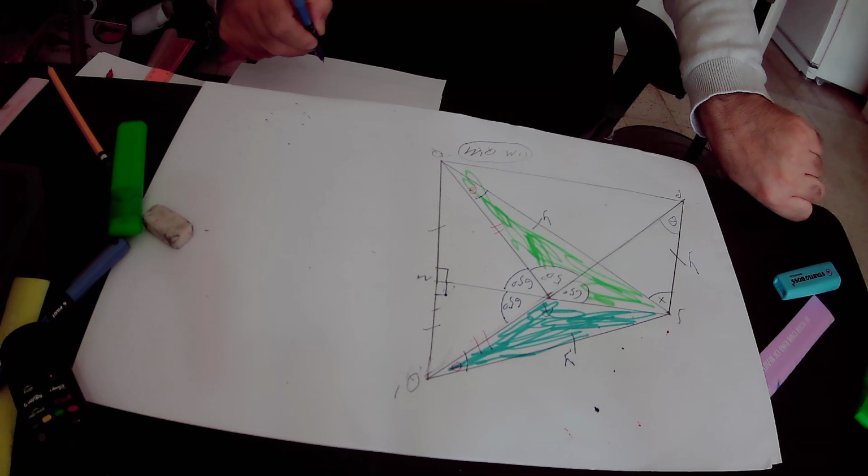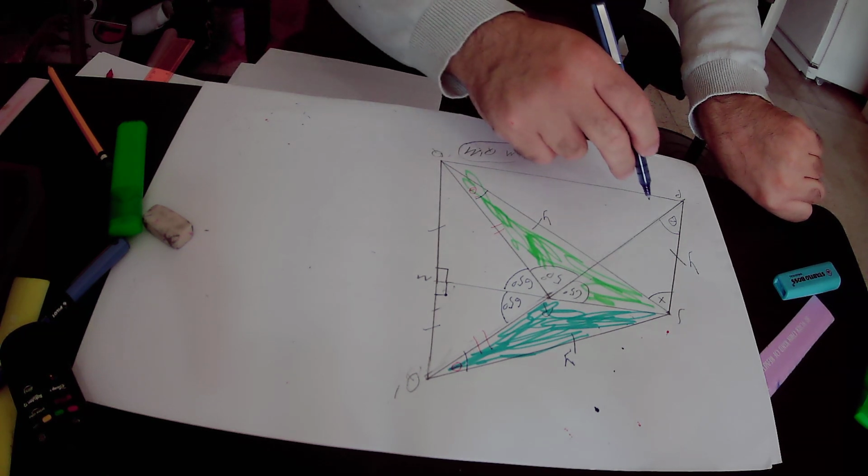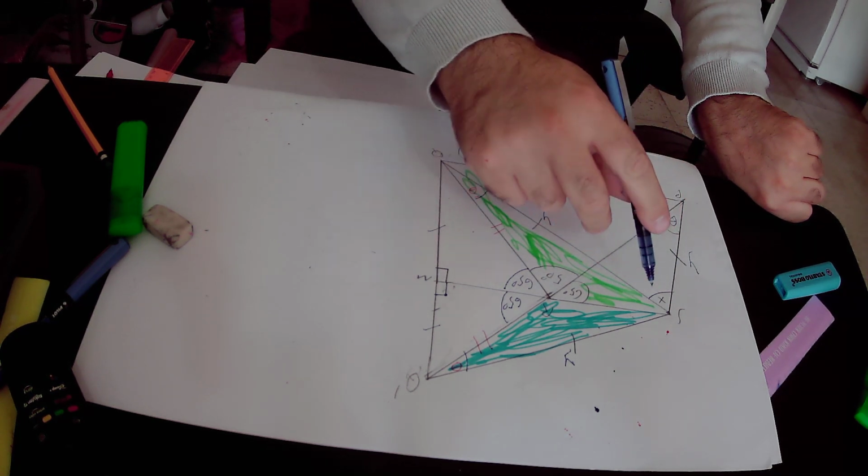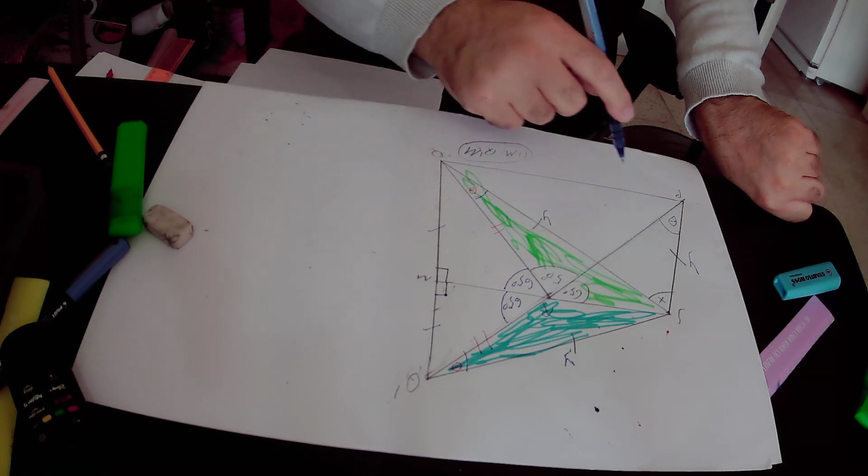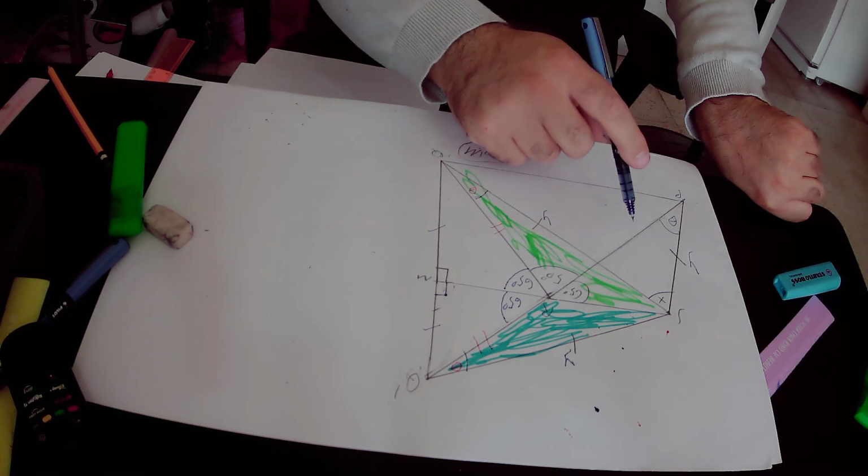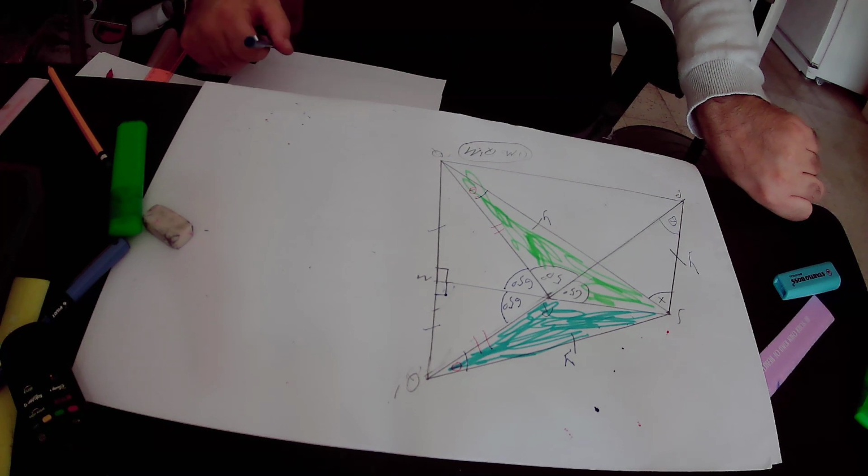So actually we can draw a circle around points S, R, Q, and P, and those 4 points will be on that circle.